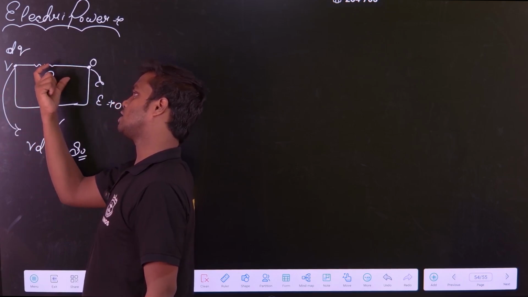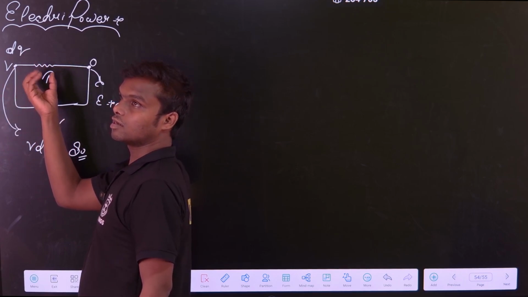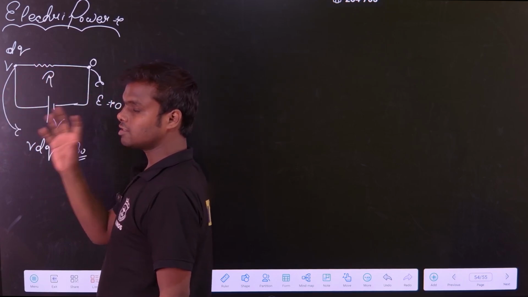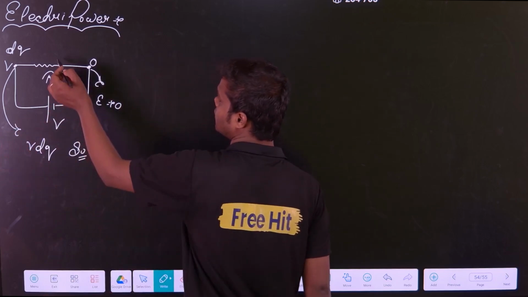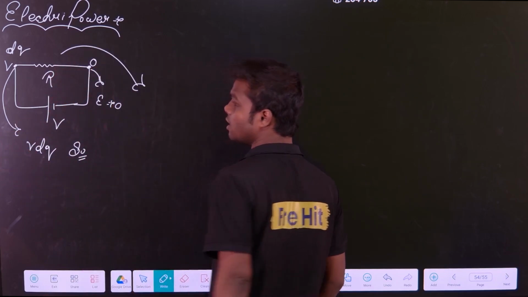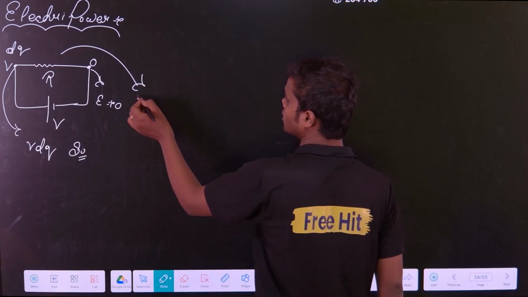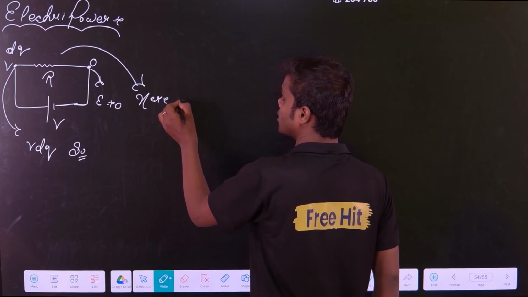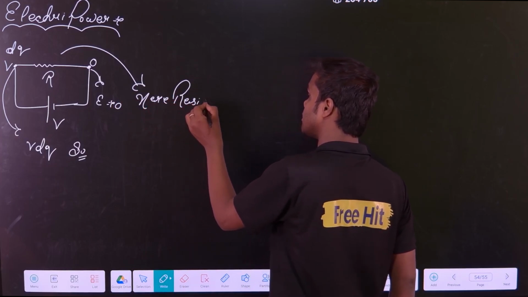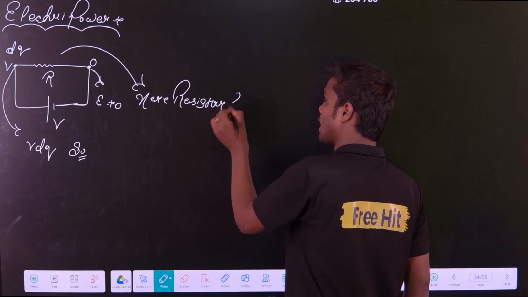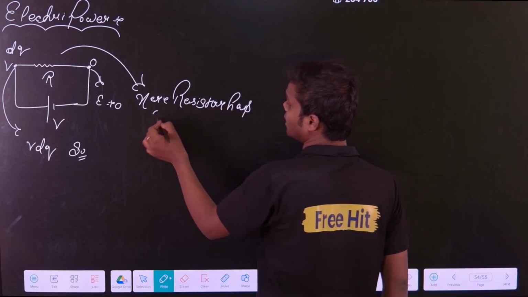All the energy has been absorbed in the resistor, and the resistor is a passive device. A passive device absorbs energy. Where has that energy gone? The resistor has absorbed that energy.